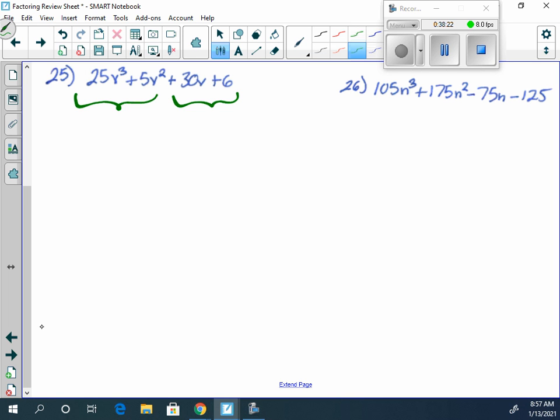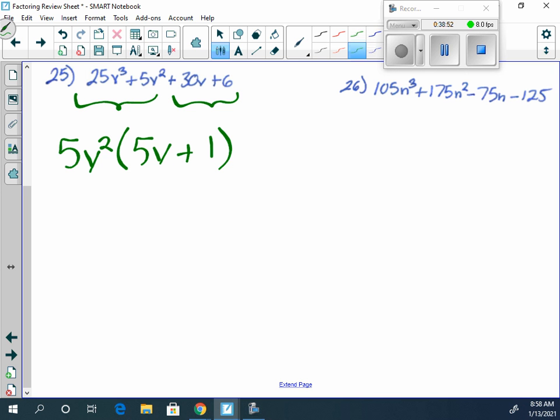And well, there is. It would be 5v squared, because 5 will go into both 25 and 5, and v squared will go out of both v cubed and v squared, yes? Well, if I factor 5v squared out of 25v cubed, I'm left with 5v. Plus 1, because 5v squared factored out of 5v squared leaves us with 1.